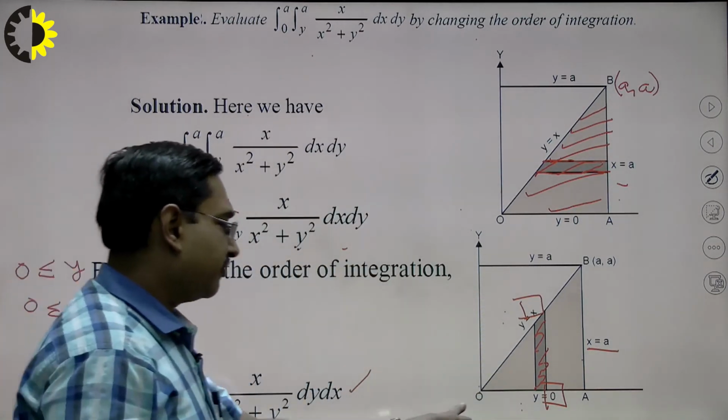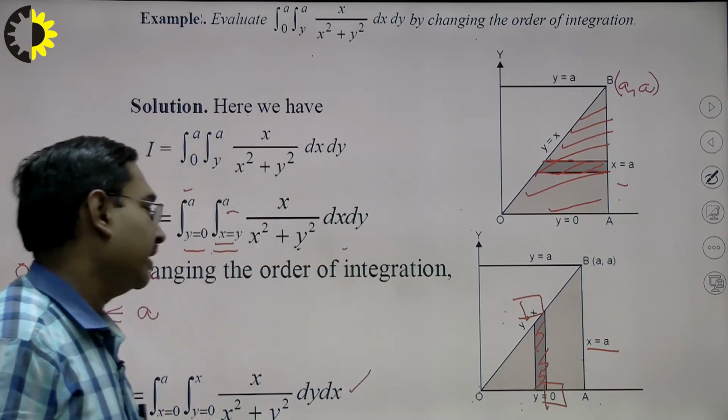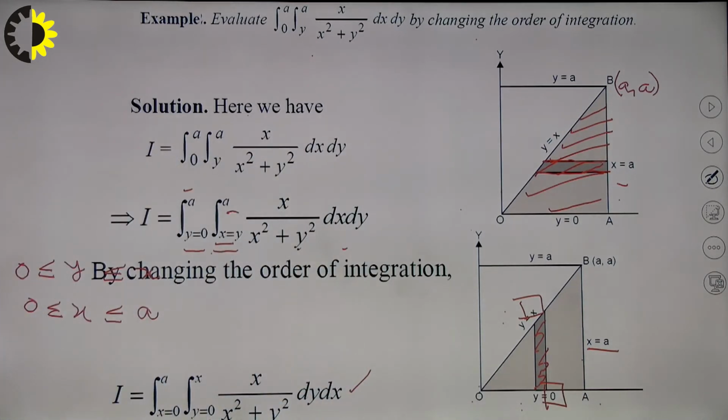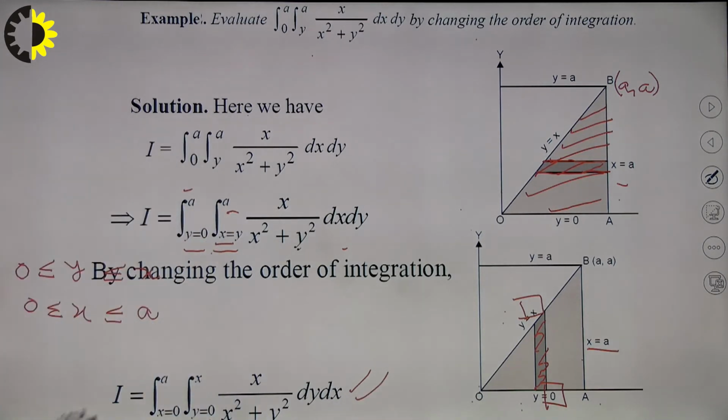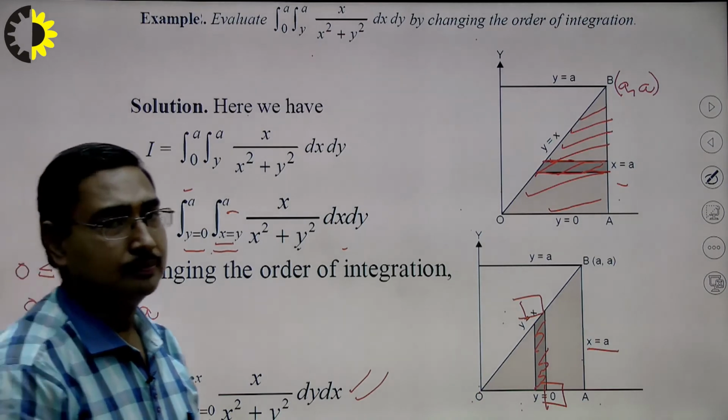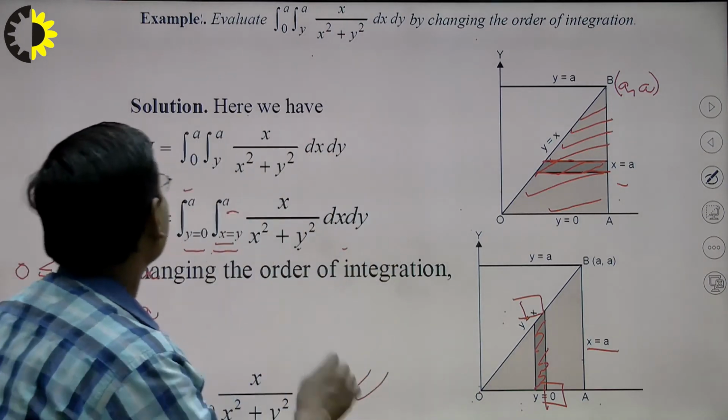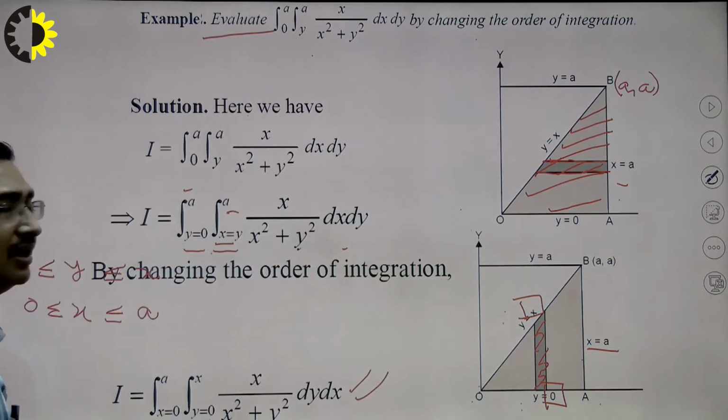The limits of x were calculated using extreme points of the region, and applying those limits, the integration was converted to this form. Now, because we are to evaluate this integral also, we shall move further to evaluate it.